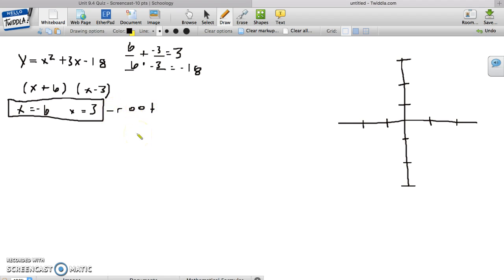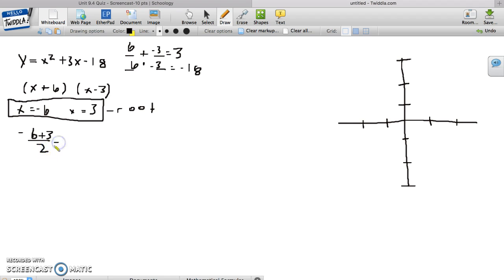So now we have to take those, and by using that we need to find our vertex. So what we do is we take these numbers, negative 6 and 3, and you add them, and you divide by 2.